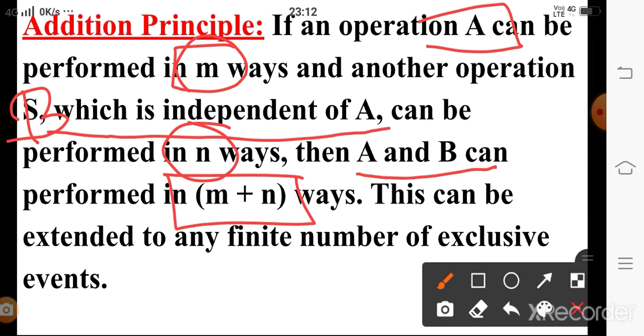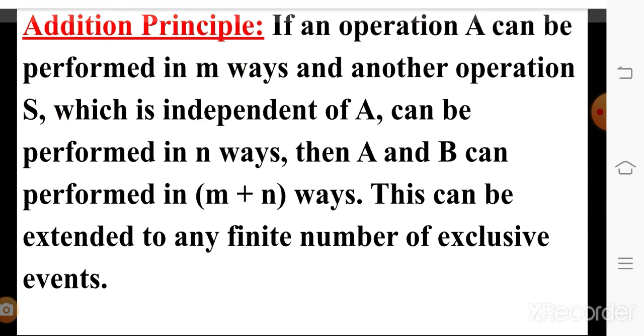It means we are getting the OR condition. In the first one we got the condition of AND, and here we are getting the condition for OR, and this can be extended to any finite number of exclusive events.